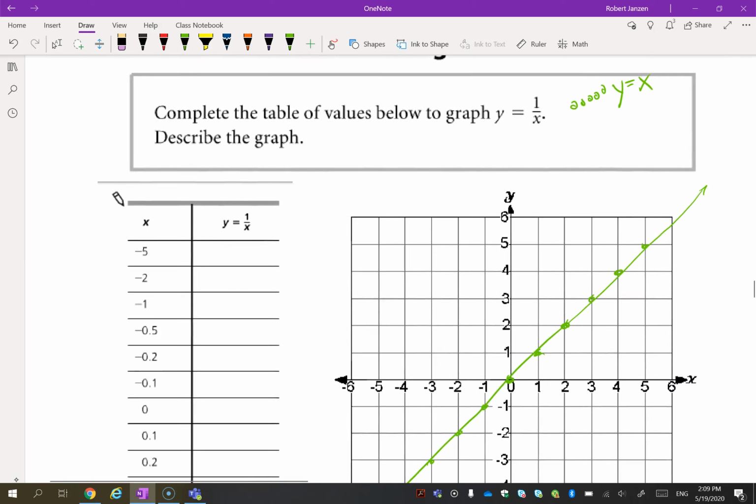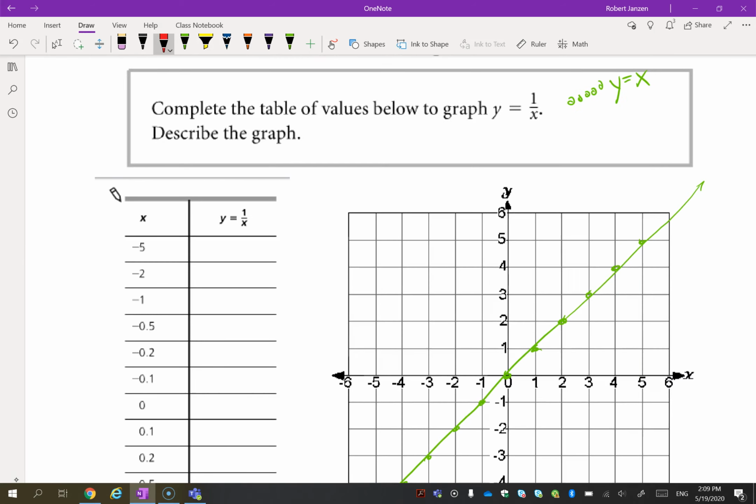Now look what happens when you take the reciprocal. The reciprocal means to go 1 divided by whatever that value is. When x was -5, y was -5. But now when I take the reciprocal, I'm going to get -1 over 5.